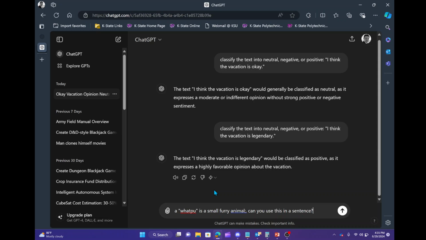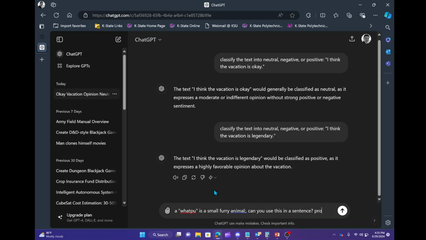And then this is a very, very simple few shot example, because I'm providing the context of it's an animal, and then I'm saying, hey, within your database of what an animal is, I'm going to actually say use it in a sentence, but I'm going to go a step further.